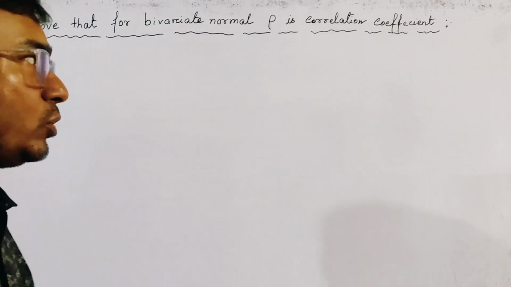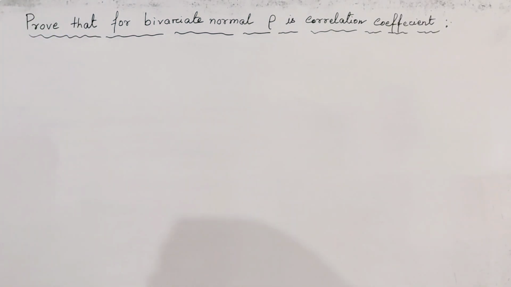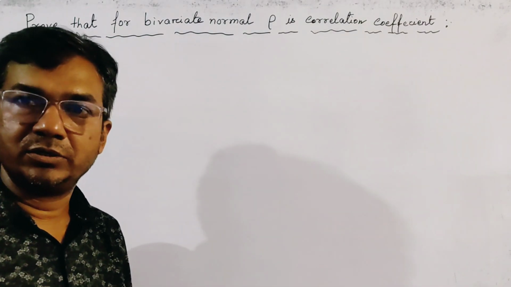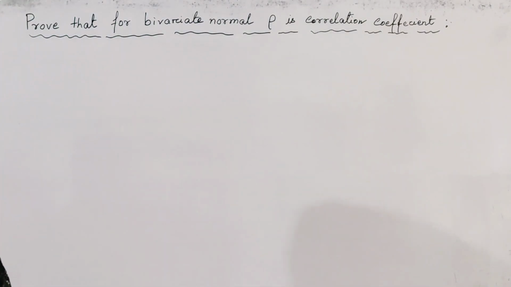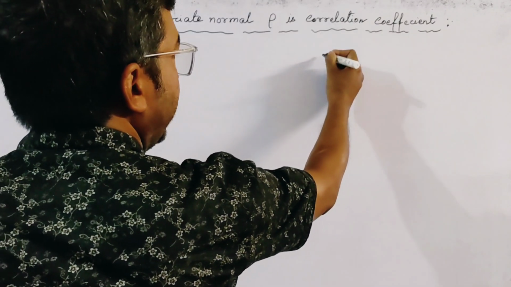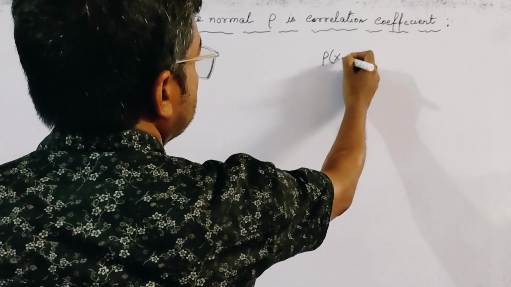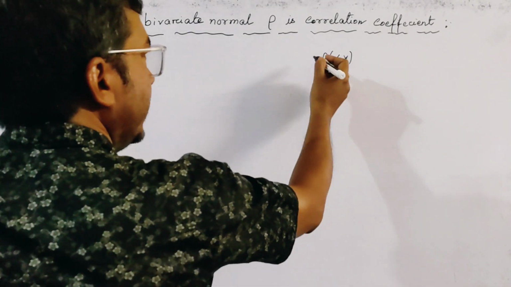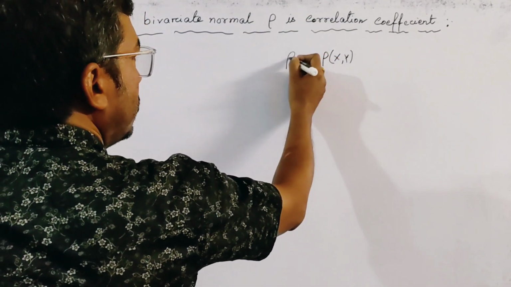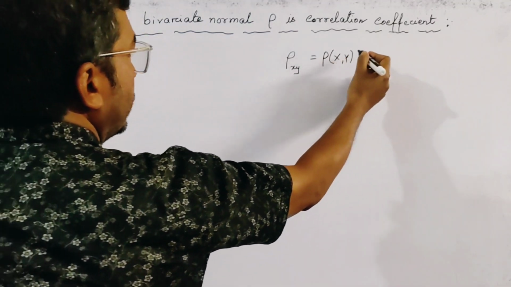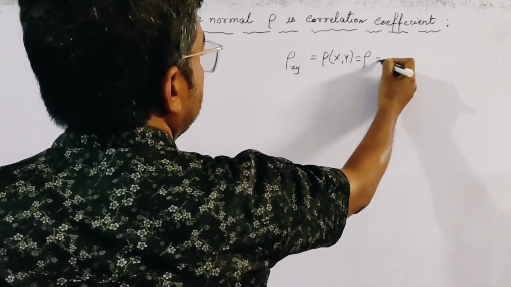Okay, so to prove this is rho, we start with the definition of correlation coefficient. What is the definition of correlation coefficient? Correlation coefficient is defined as rho xy. These are two variables. It is also known as rho xy, or simply rho.